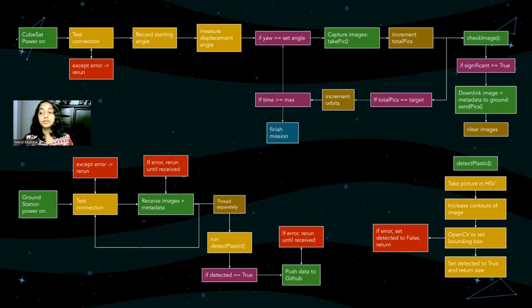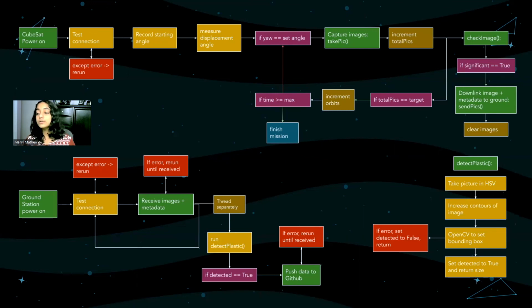Once we've achieved enough pictures in our orbit, we'll increment the number of orbits and continue that until the time has reached maximum. On the ground station, we'll again be testing the connection to the CubeSat, making sure that it's able to receive the images, including the metadata, and we'll make separate threads in our function to detect the plastic. We'll use a function that takes a picture in hue saturation value, which has been shown to be more beneficial in image processing.